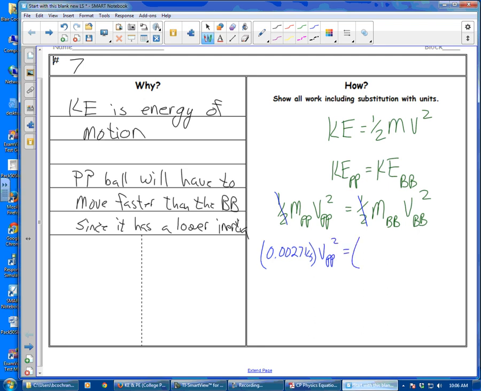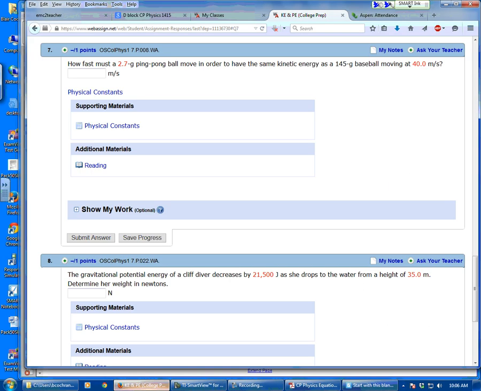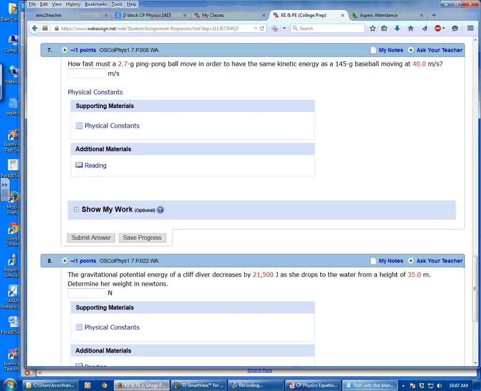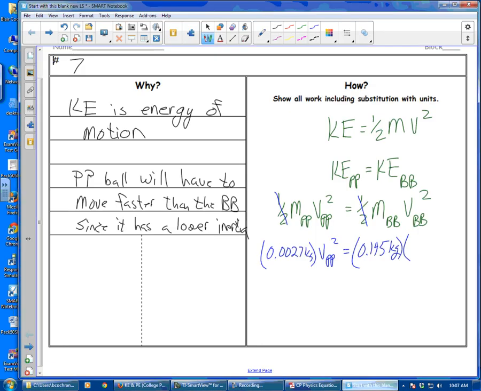The inertia of my baseball, 145 grams, so in kilograms, that's 0.145 kilograms. And the speed of my baseball is 40 meters per second.